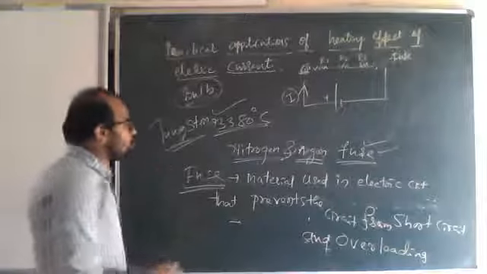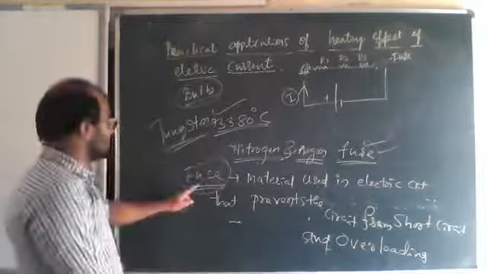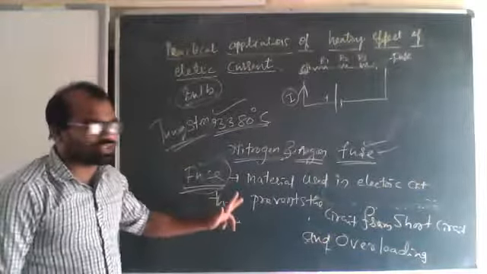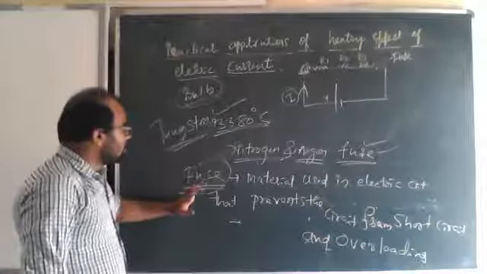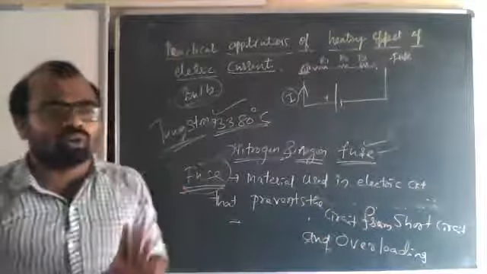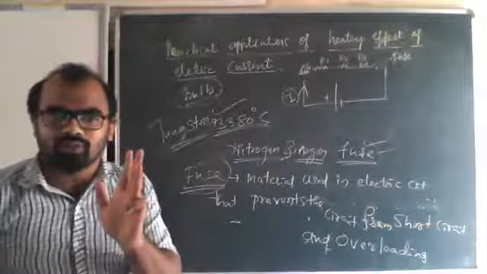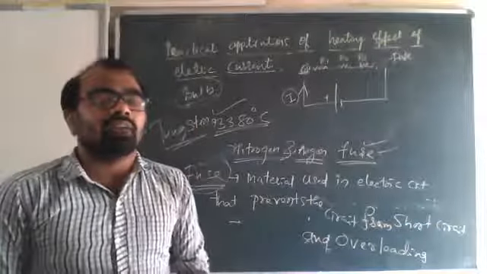So what is important in a fuse? The important thing is the definition of a fuse, which you have to remember, and the melting point of the fuse must be low, and the fuse must be connected in series with the circuit. These two questions may be asked, or might come in a multiple choice question.